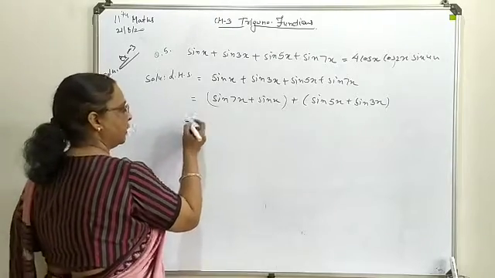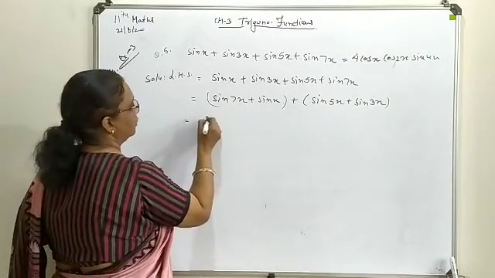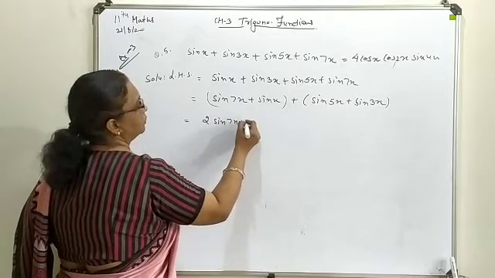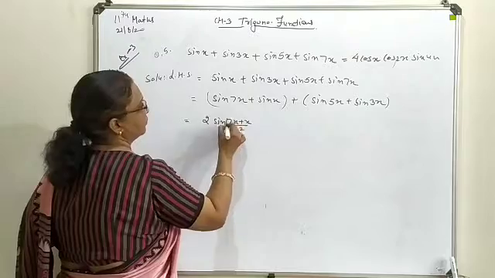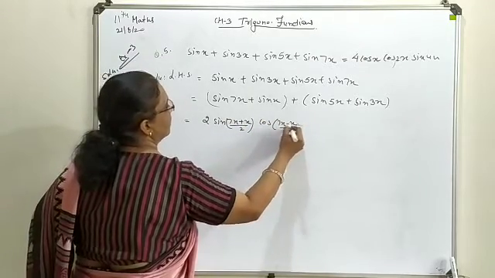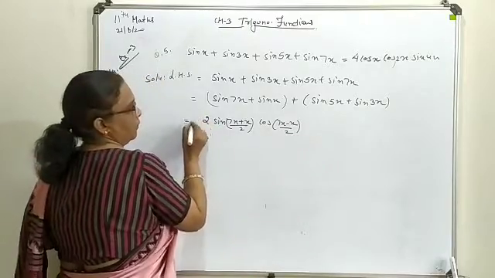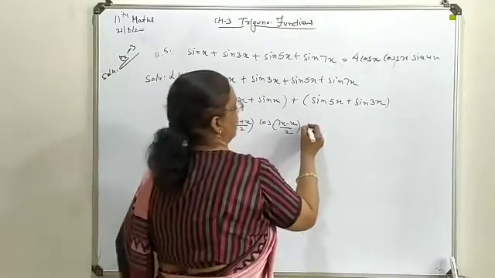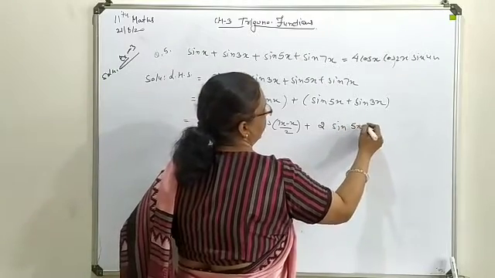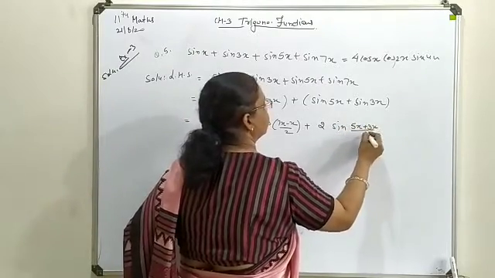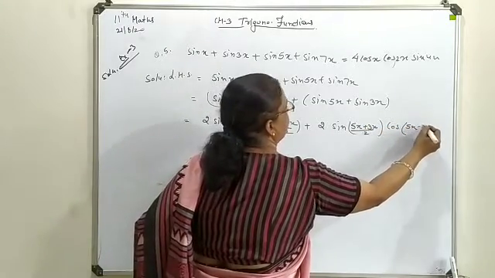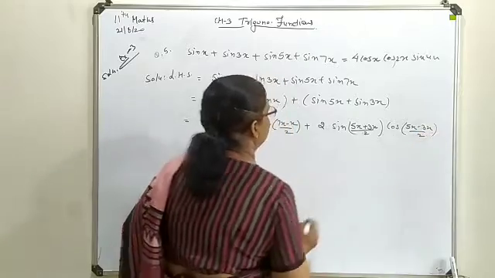So here, this will give you the formula 2 sin of (7x plus x) upon 2, cos of (7x minus x) upon 2. Second, this is 2 sin of (5x plus 3x) upon 2, cos of (5x minus 3x) upon 2.